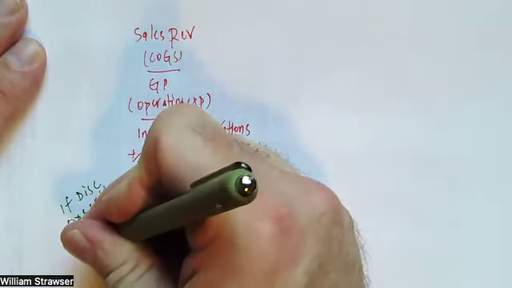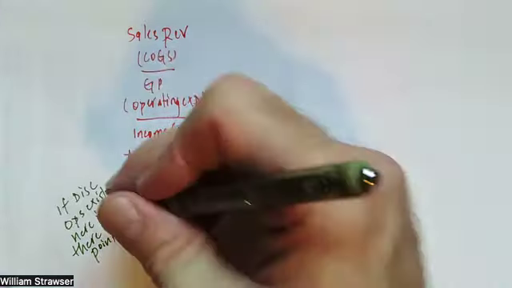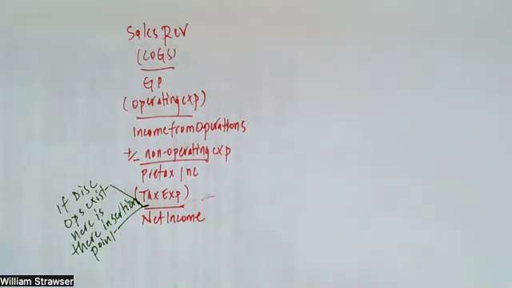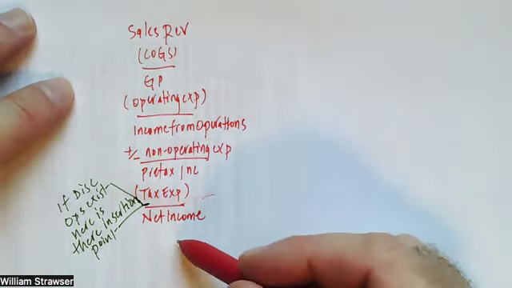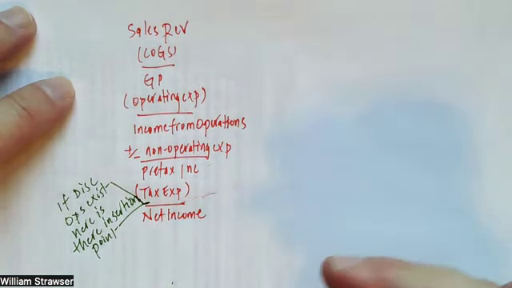Because disc ops, remember, this is the thing that I usually find students forget, is that disc ops come in before net income. So they sneak in before net income and ultimately affect the net income of the company. Now, what follows or what can follow on the same statement sometimes is comprehensive income.